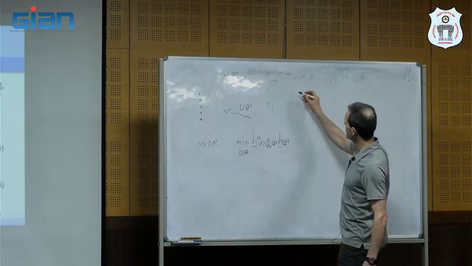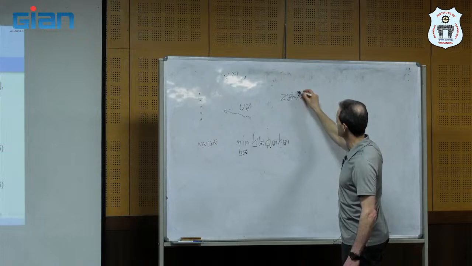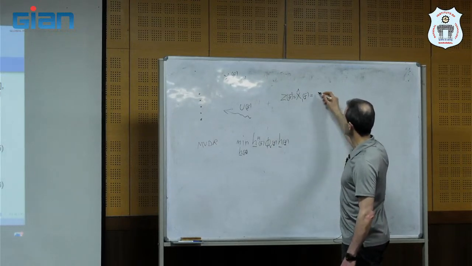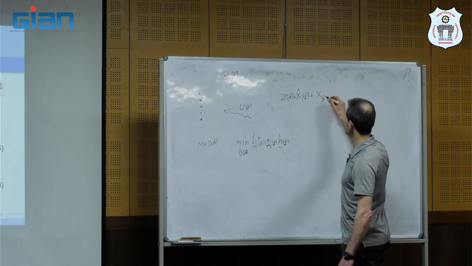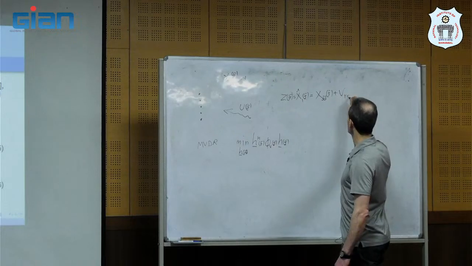Which means that when we estimate the desired signal, which is an estimate of X1(f), we have two components: X filtered desired plus V residual noise.